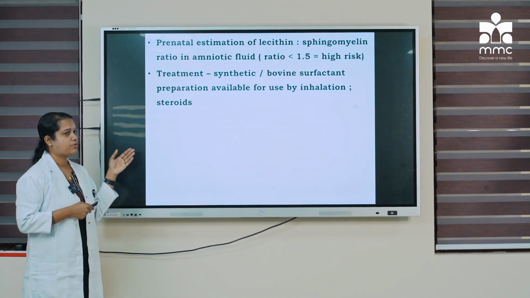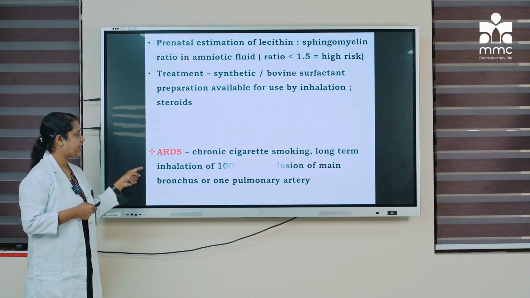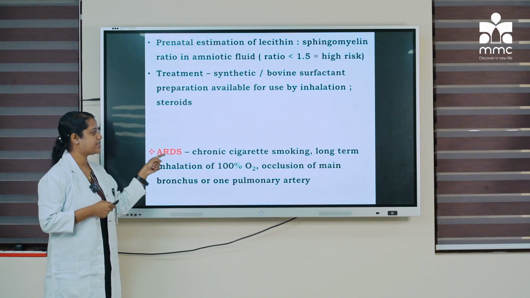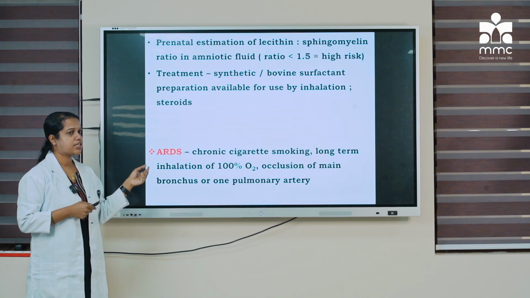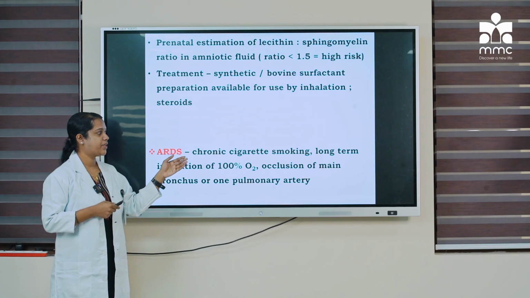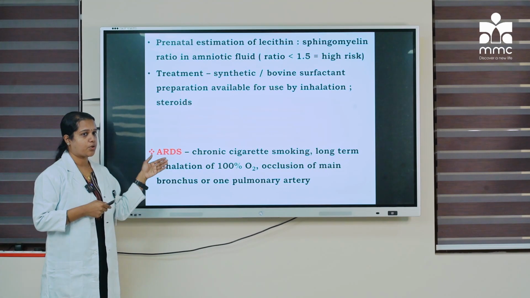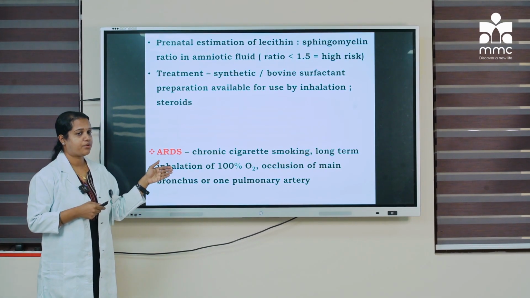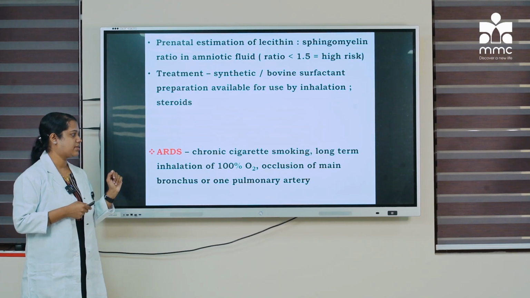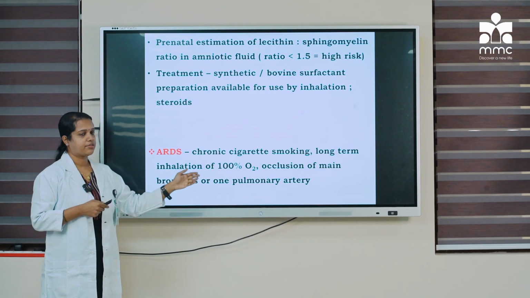Now the adult counterpart of infant respiratory distress syndrome is ARDS, that is adult respiratory distress syndrome. Now the conditions which can predispose to this are chronic cigarette smoking, then long term inhalation of 100% oxygen which can lead to oxygen toxicity, and we have already seen that oxygen toxicity will inhibit surfactant synthesis, and occlusion of one main bronchus or one pulmonary artery.